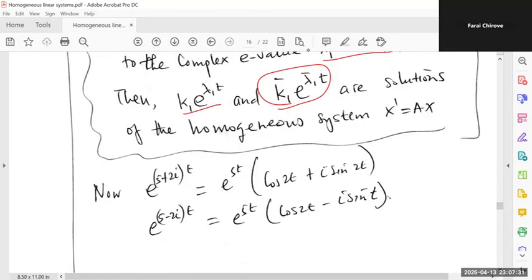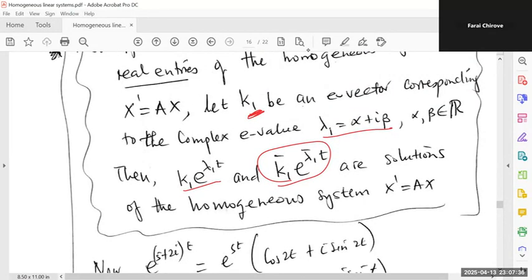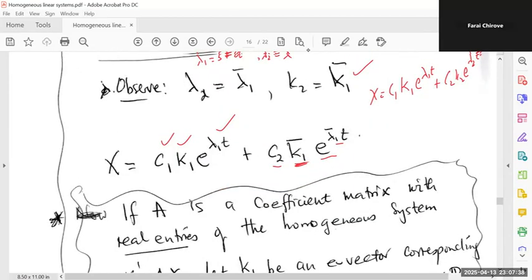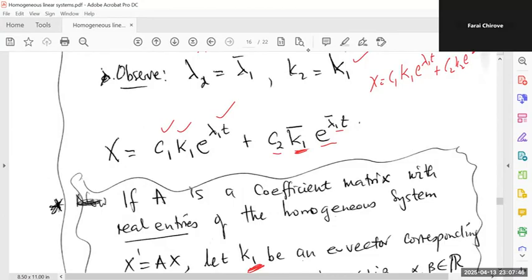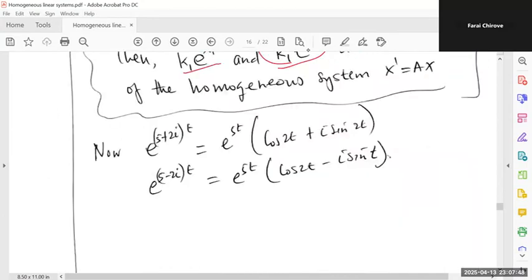So now we try to extract real valued solutions from this solution here. So it relies on the expansion using the Euler formula of these two. So if we do that expansion, we find that these will be like this. The two will be expanded like that.